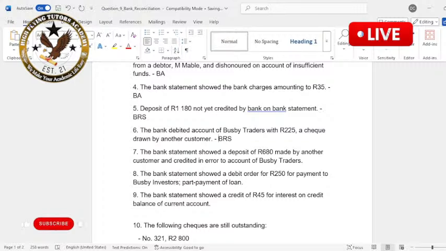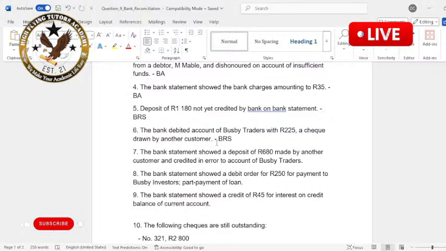I'm going to explain again because I know transactions like this usually give you issues. They said the bank debited the account of Best Buy Traders, which is us. They are saying we've made a payment. The bank statement indicates that we've made a payment of which we did not.